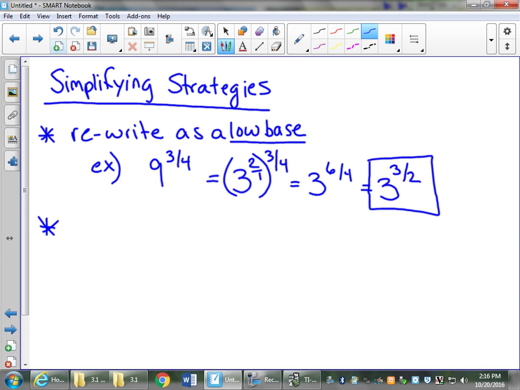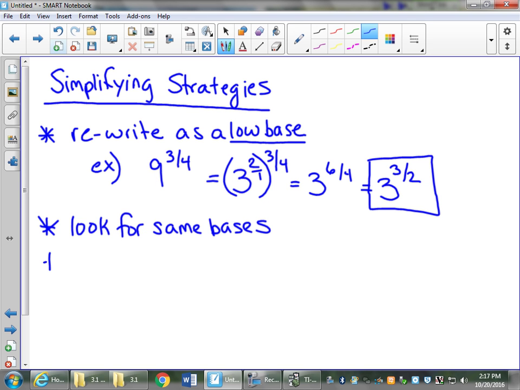Another strategy is to look for same bases. Because then we could use the properties of exponents. Like if you're multiplying same bases, you'd be able to add the exponents together. Okay, so you can use some of those strategies.